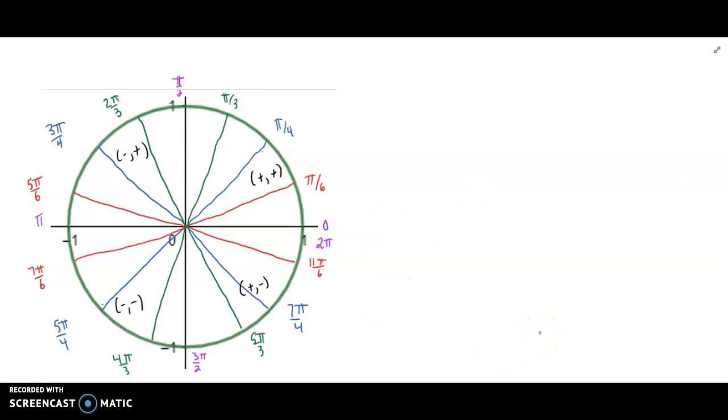Let's look at a problem where we're going to have to do a little bit more work, like 2 cosine of x plus the square root of 2 equals 0. My goal here is to find out what x equals. The way to do this is to isolate cosine of x. I'm essentially reversing operations, so I'm going to get rid of that square root of 2. I make it 2 cosine of x equals negative square root of 2.